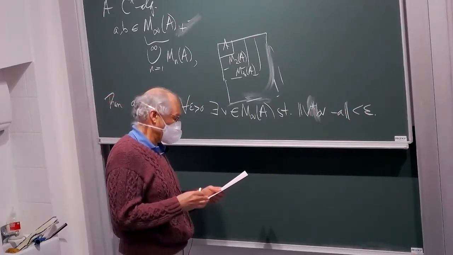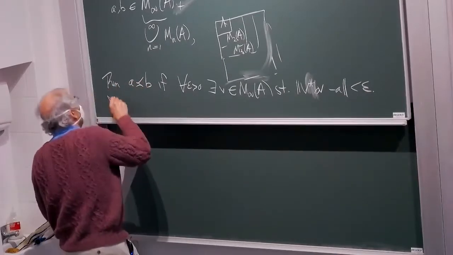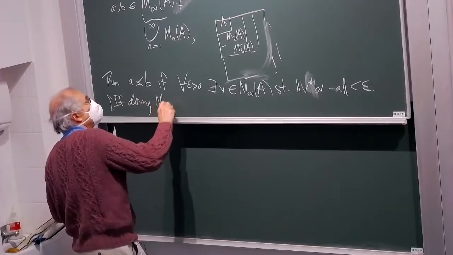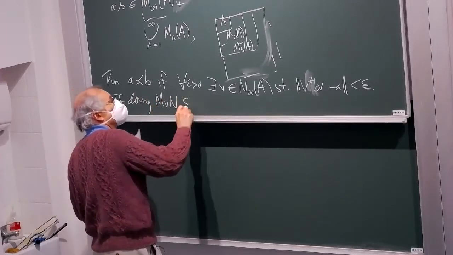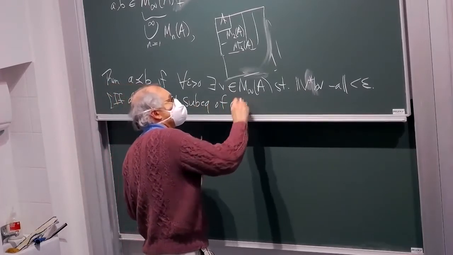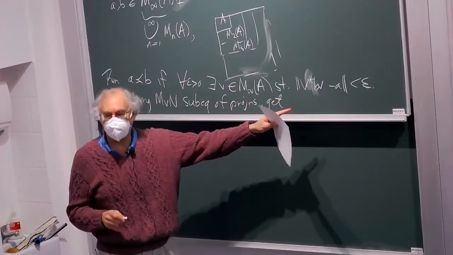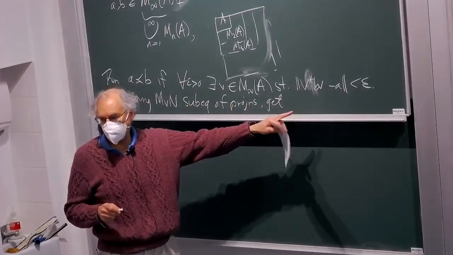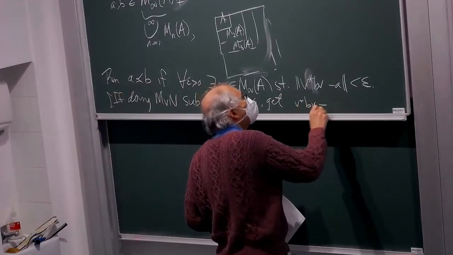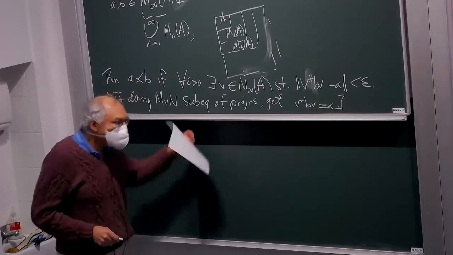Okay, so notice that if you're doing Murray-von Neumann subequivalence of projections, the conventional notation is different, but I'll stick with this, you get B star B V equals A. You do not get that here.